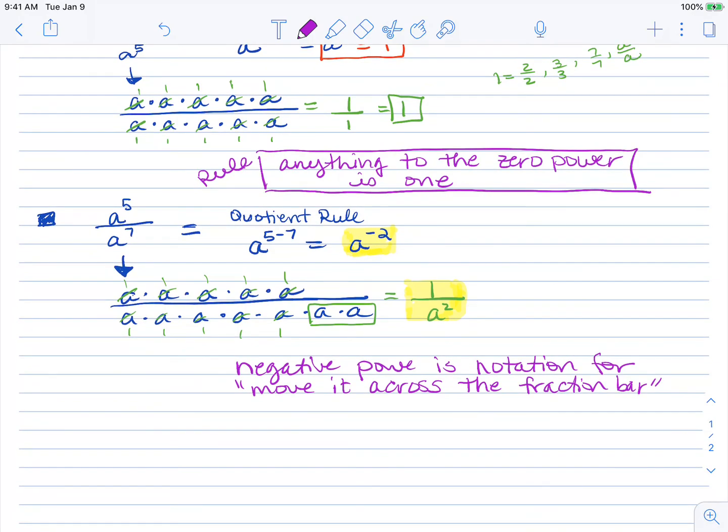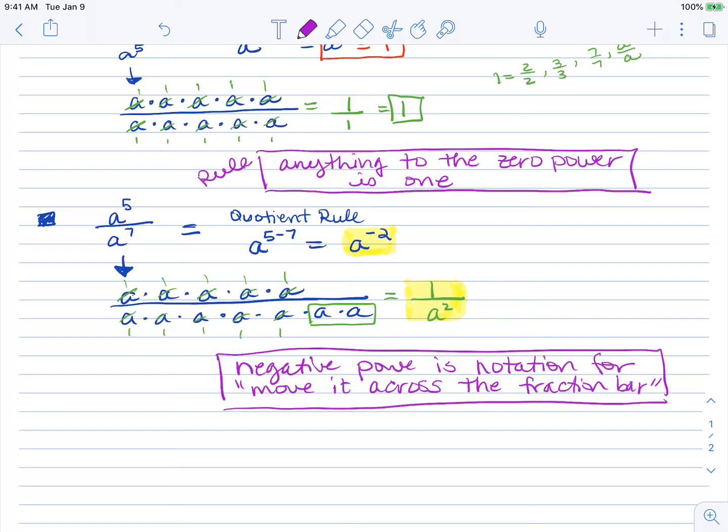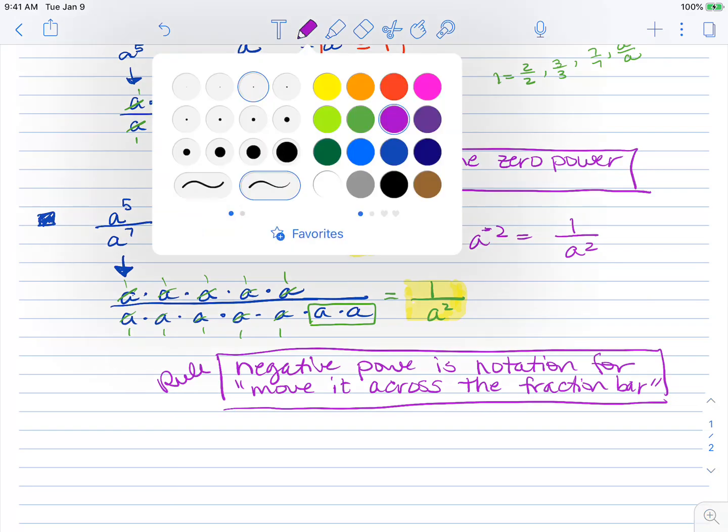All right, so there's my rule, because a to the negative 2 is the same as 1 over a squared. So I'm going to write this down in red.